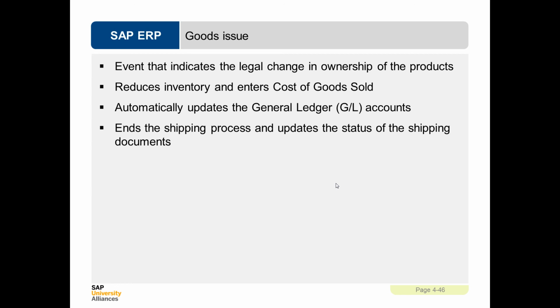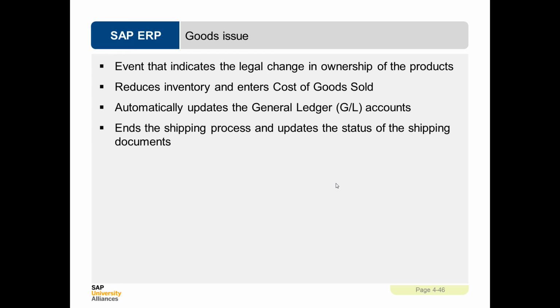And it's automatically going to adjust accounts receivable. So as inventory decreases as a result of the goods issue, the accounts receivable will increase.